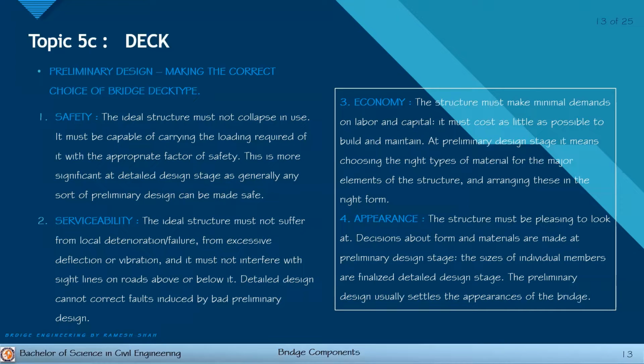And also, kailangan natin ma-minimize ang labor and also capital na kung saan sakto ito sa ating pangangailangan lamang para ma-build and maintain natin ang ating bridge mismo. And also, we have also to consider the first thing talaga, ang mga materials natin na paggagamitin sa ating bridges.